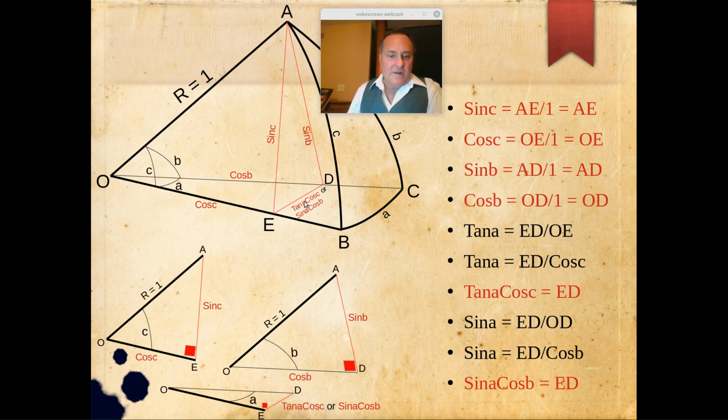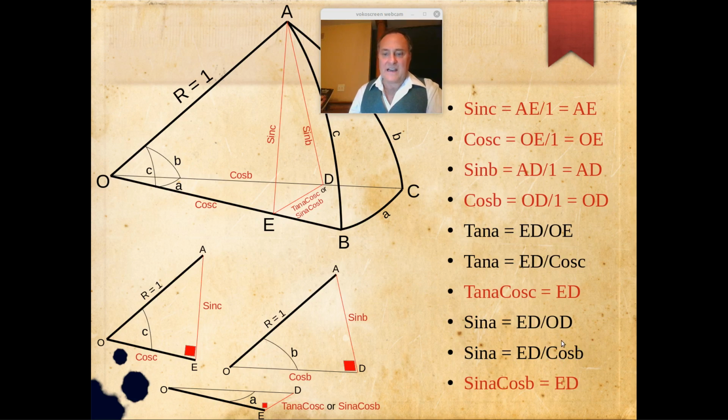Now, I recognize that there's another way for me to express the length ED, okay? I can take the sine of A. The sine is the opposite, ED, over the hypotenuse, OD. But we've discovered OD already. It's the cosine of B. So I've got ED over cosine B here.